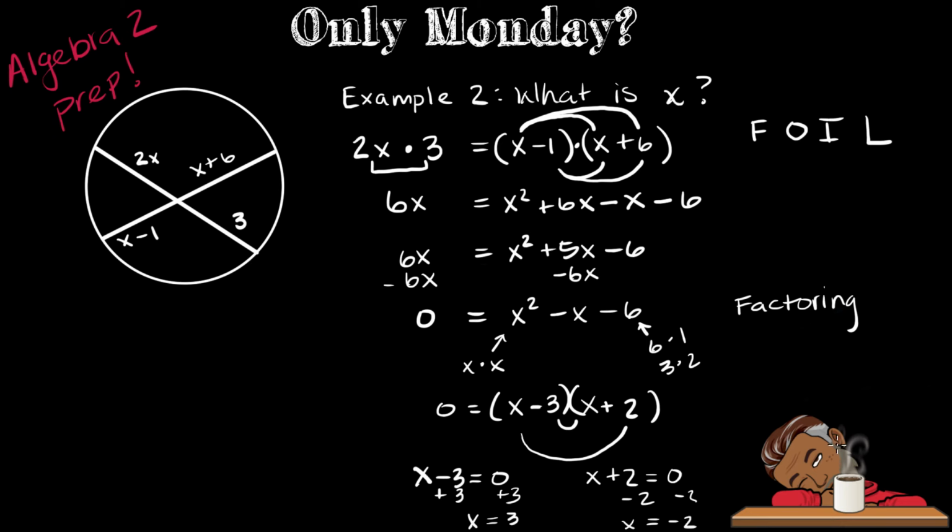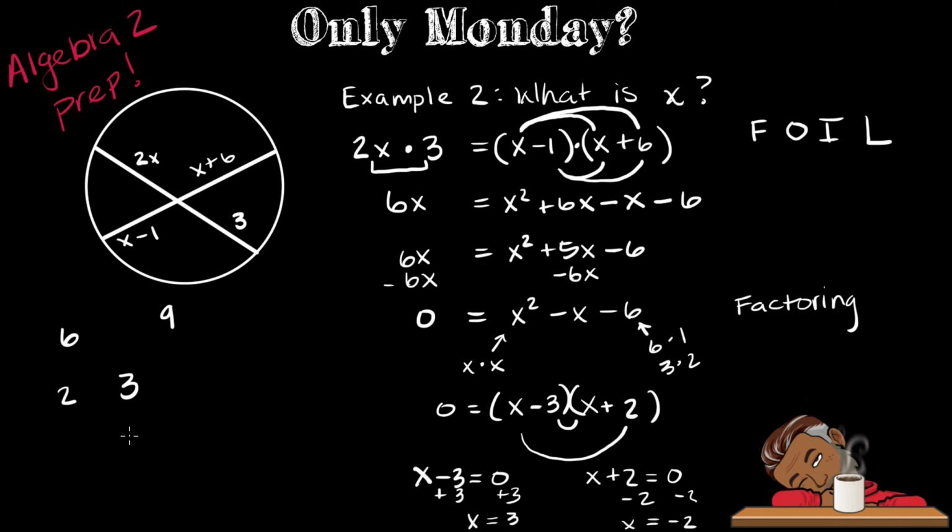Now, we have two possible answers here, but those are our algebraic answers. What we want to do now is find out which of these makes sense geometrically. So we're going to take our answers and plug them back in. So I'm going to take the 3, and when I plug in a 3, I get a 6 and a 3. And when I take the 3 and plug in here, I get a 9 and a 2. And you'll notice 2 times 9 is 18, 6 times 3 is also 18, and those numbers make sense.